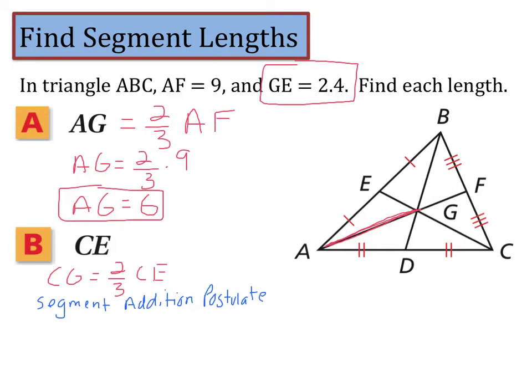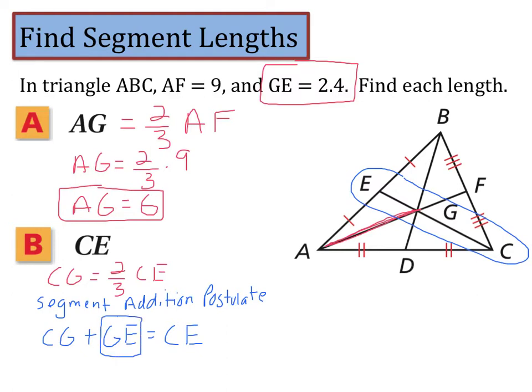So we know that this entire segment right here is made up of two segments. So we know that segment CG plus segment GE equals the whole segment CE. Now this is helpful because now we have a value of GE we can plug in for.